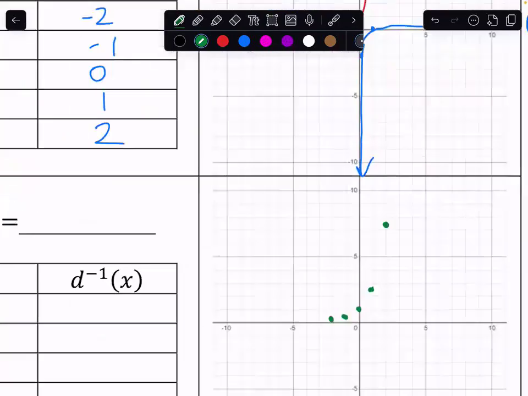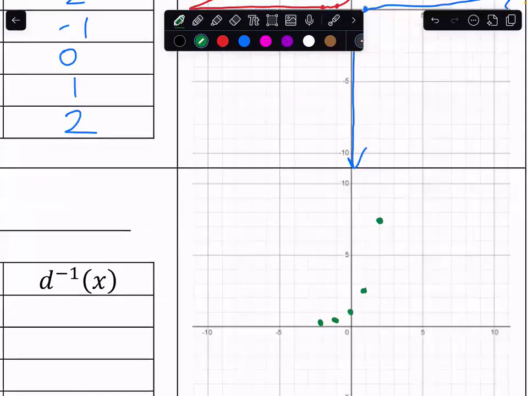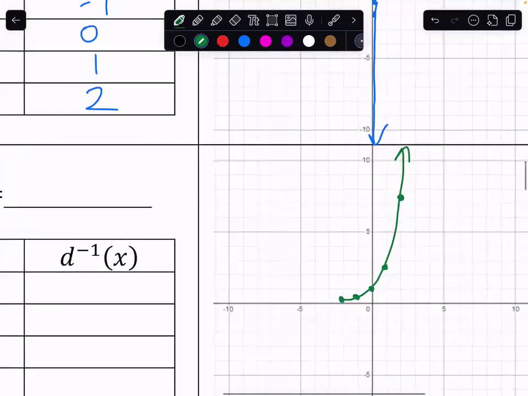As with all exponential functions, we can see that on one side it's rapidly going vertically, and on the other end it is almost going flat.